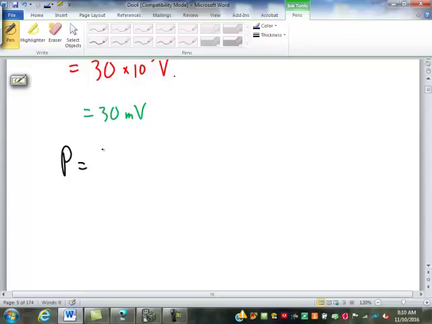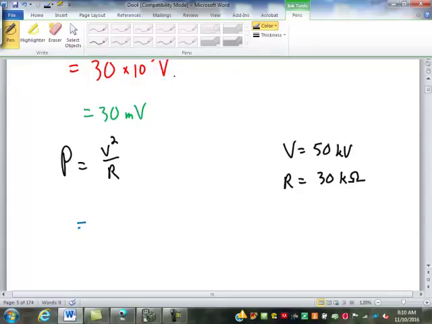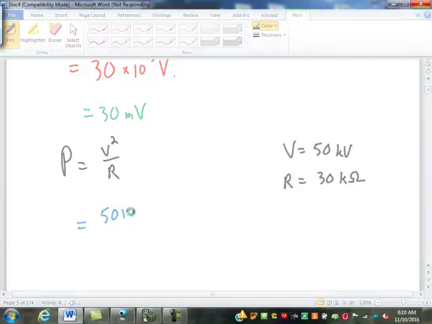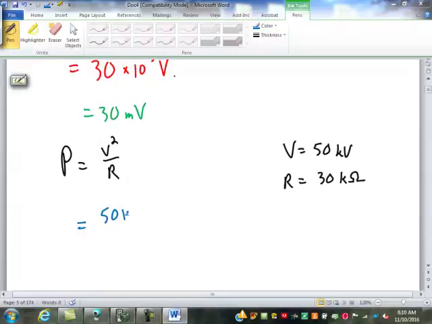Another electrical formula is power equals voltage squared divided by resistance. So if your voltage is 50 kilovolts and your resistance is 30 kilo ohms, this is going to become 50 kilovolts squared over 30 kilo ohms.